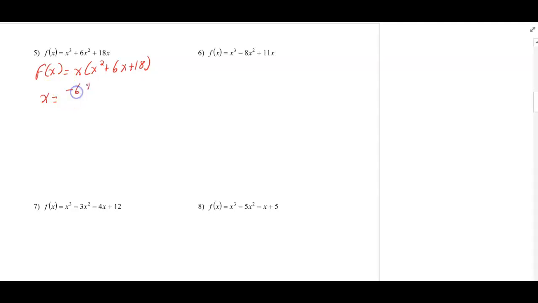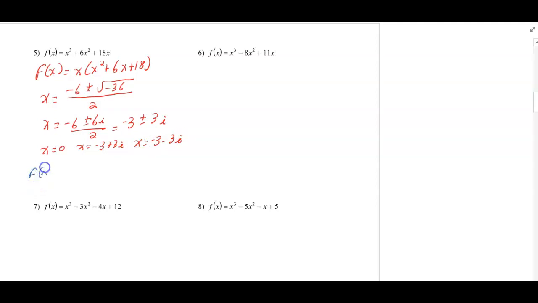x is equal to opposite b plus or minus the square root of the discriminant over 2a. So b squared minus 4ac. You're going to get negative 36. So then x is equal to negative 6 plus or minus 6i over 2, which then is negative 3 plus or minus 3i. So the zeros for this function are 0, negative 3 plus 3i, and negative 3 minus 3i.